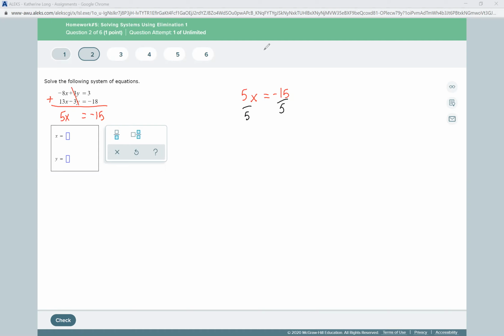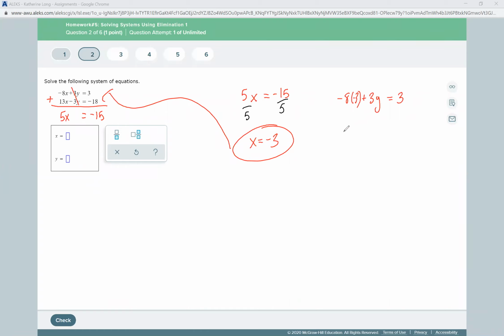And I'm going to divide. So I get x equals negative 3. Okay. So what do we do with that? Now it's time to take this and plug it back into any of those equations over there. So I have negative 8x plus 3y equals 3. I'm going to plug negative 3 in for x.